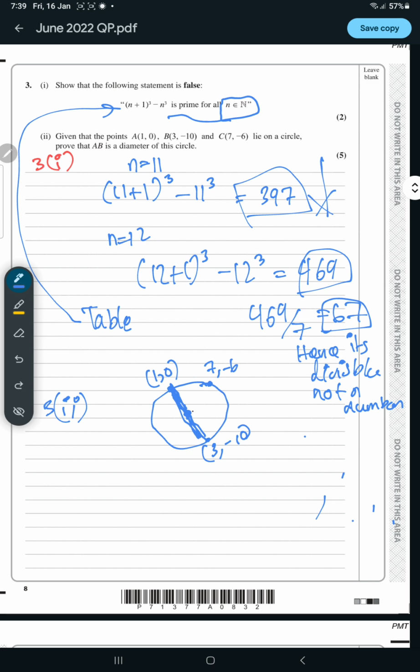So we can find the distance from the midpoint to the point C, and if it equals the radius, we can prove that AB is a diameter, because the diameter is just 2 times the radius.